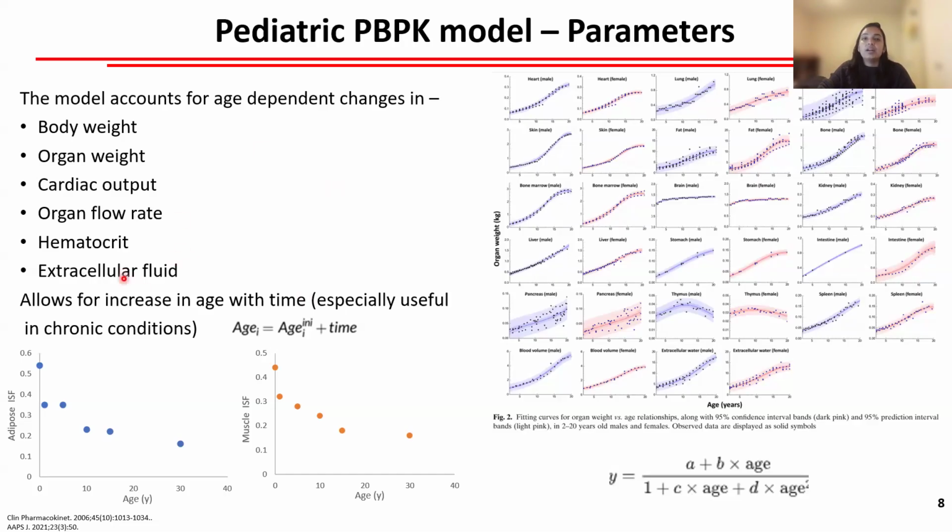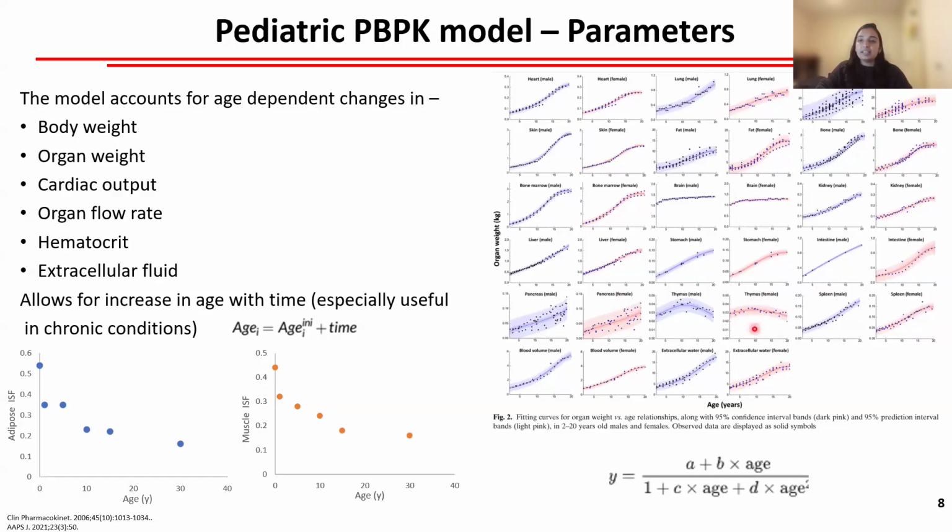Yusun Ping Chang, a past PhD student in our lab, had conducted a very comprehensive literature search to compile age dependent physiological data, which would include body weight, height, organ weights, blood flows, and hematocrit across the entire range of 0 to 20-year-old kids in both males as well as females.